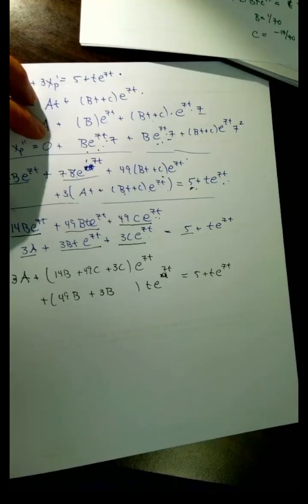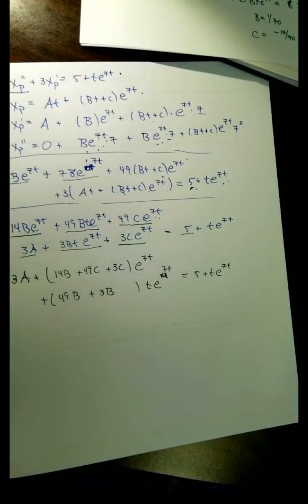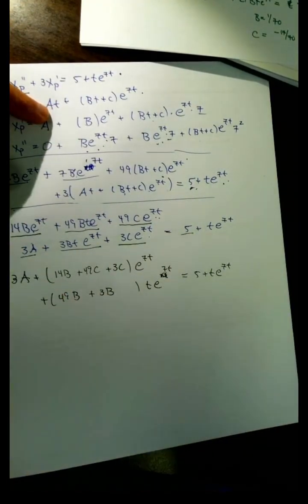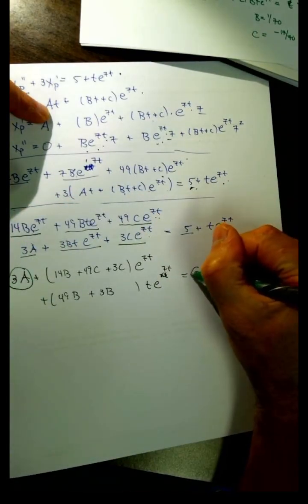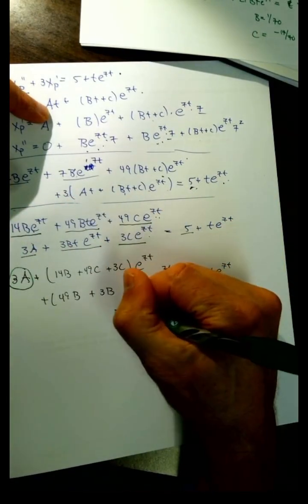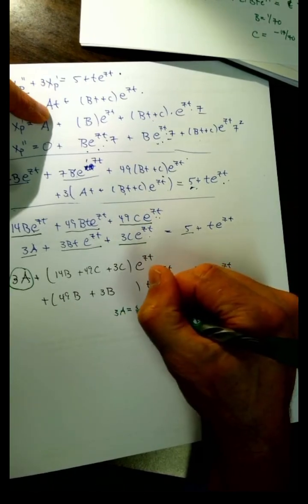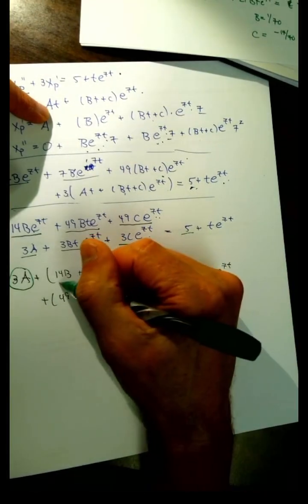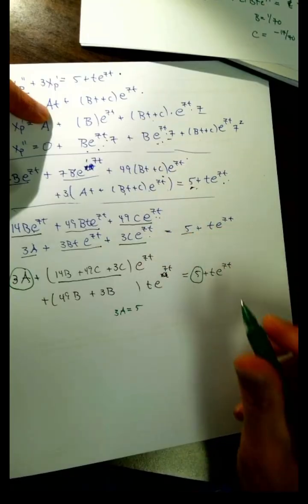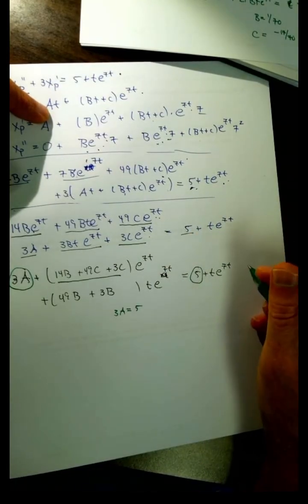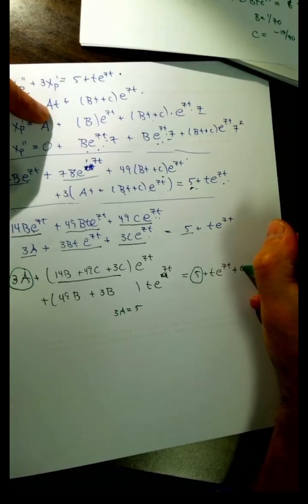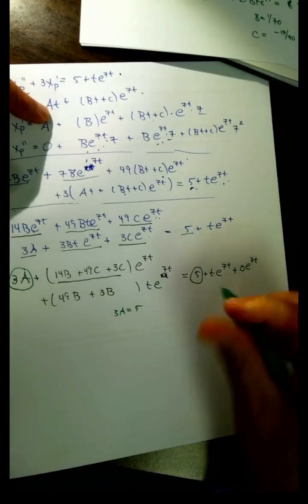Now, what does this imply? The only way the left-hand side can be equal to the right-hand side is if the constant terms are the same. So that says that 3A equals 5. The e to the 7t terms have to be the same. Notice on the right-hand side I don't see it, so that means there's really 0 of these things.